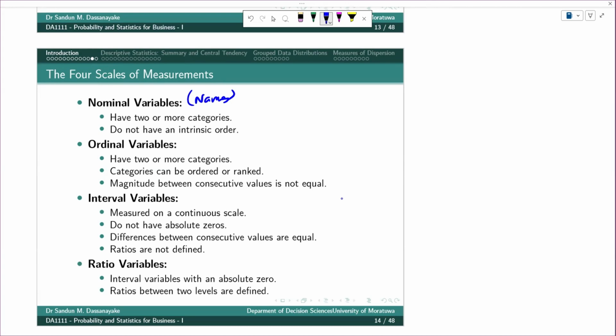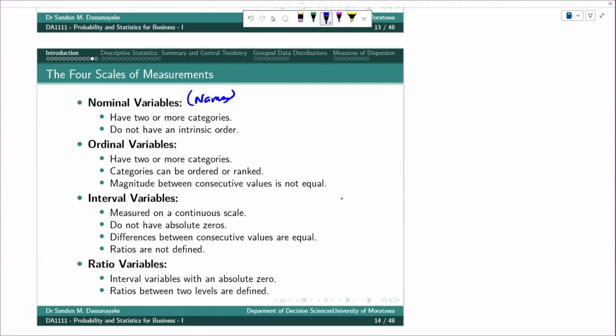They do not have an intrinsic order. If you say Australia, Sri Lanka, India, unless a particular order is insisted on, you don't have an intrinsic order, just names. But if you have an order, then it becomes an ordinal variable.